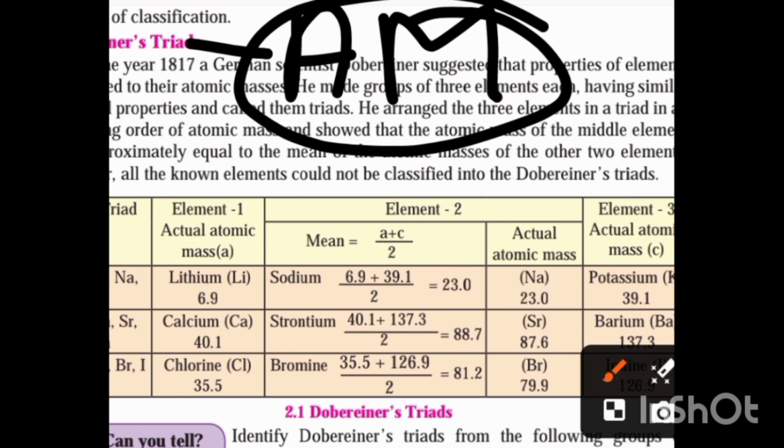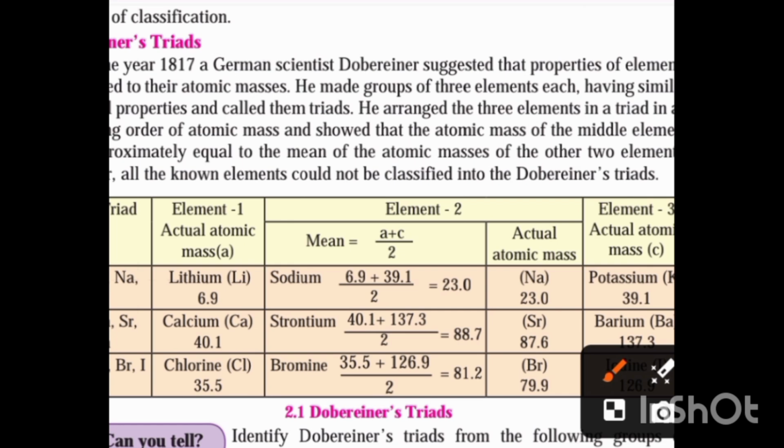In the cryptogams seeds are not present, and in the phanerogams seeds are present. It may be naked or it may be enclosed. That is the difference. So there is a certain criteria, like cryptogams and phanerogams, and like kingdom Plantae and kingdom Animalia.